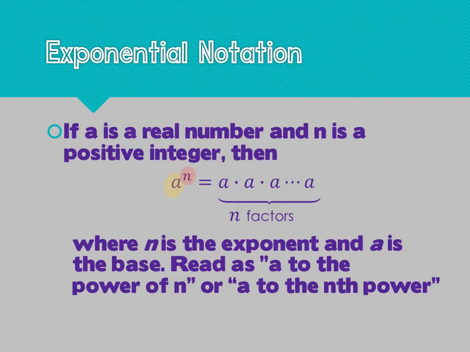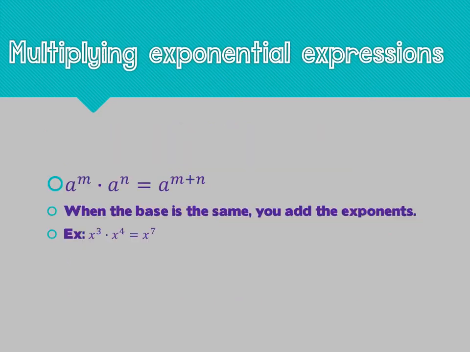A would be the base and N would be the exponent, and we would do it N number of times. So you're going to multiply it times itself N number of times. You can either read this as A to the nth power or A to the power of N. It's the same thing. So if it was 2 to the 3rd, it'd be 2 to the 3rd power or 2 to the power of 3. You'll hear it a couple of different ways.